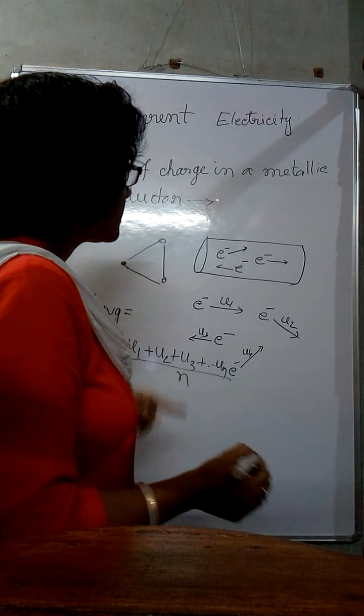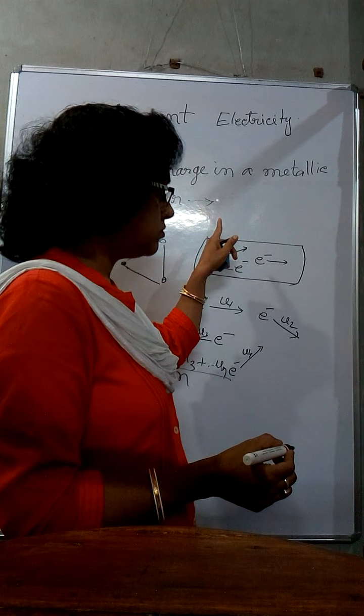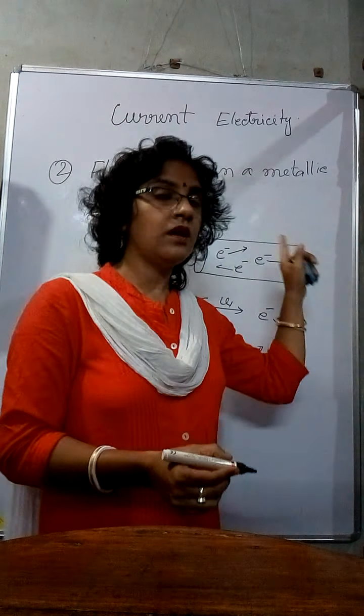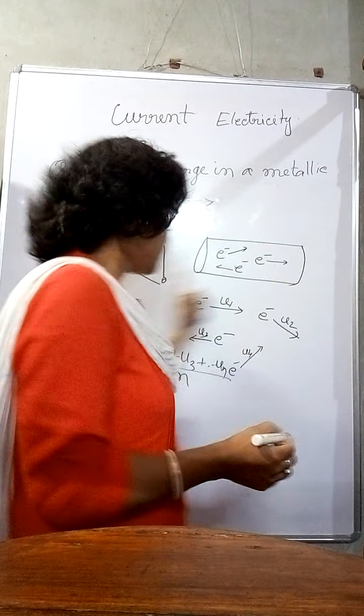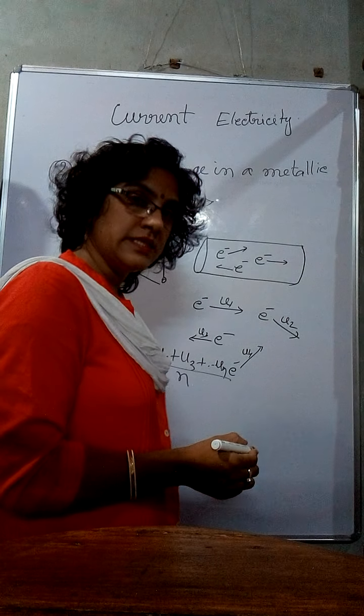So when no electric field is applied throughout the conductor, the average velocity is 0.